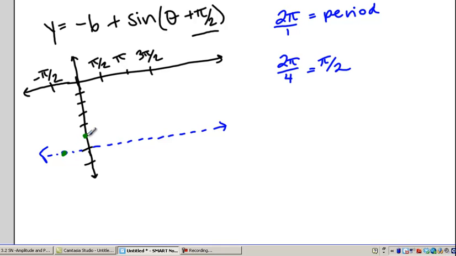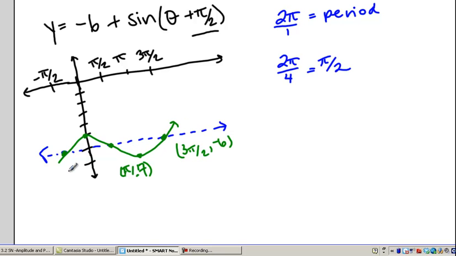So it's now at 0, negative 5. Then back down to negative 6 at pi over 2. Then pi, comma, negative 7. That's a comma, even though it doesn't look like it. And then 3 pi over 2, negative 6.